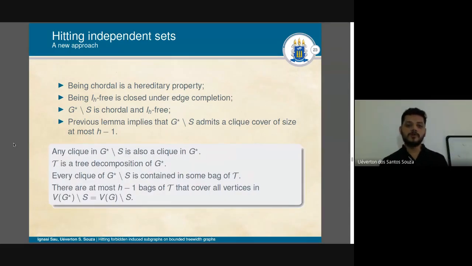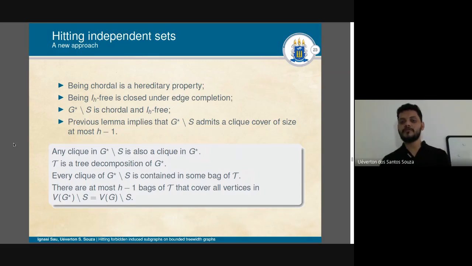And we also know that the triple decomposition T is also a triple decomposition of G and G star. And the vertices of G star minus S are covered by H minus 1 bags.